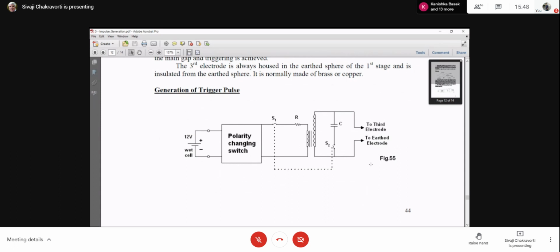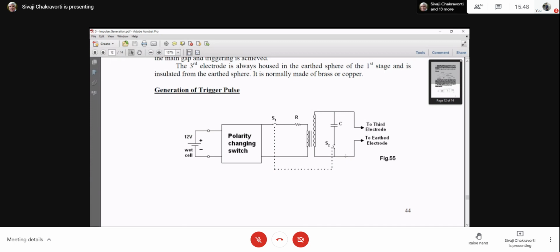So it is like this, that I have a DC source, whatever be the DC source, and a resistance. What will happen? Some amount of current will flow through the primary. And this current will increase from 0 to a certain value, right?